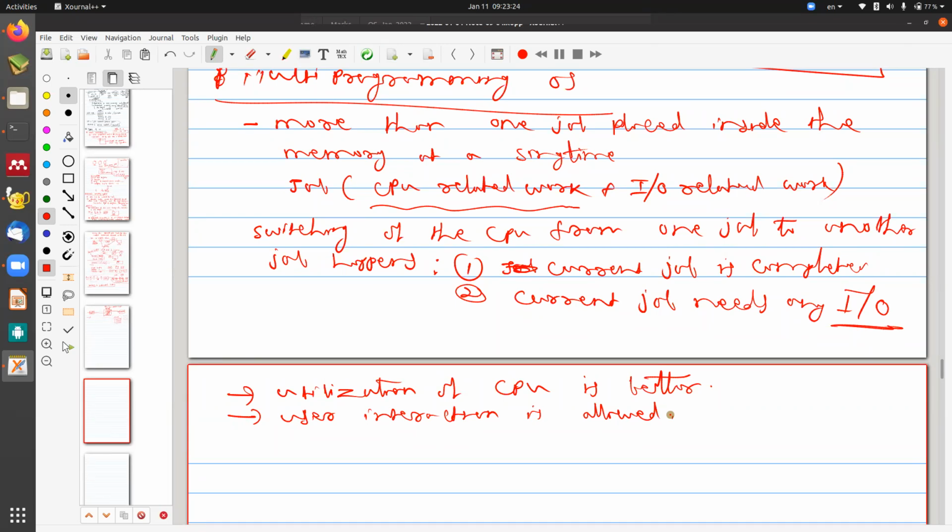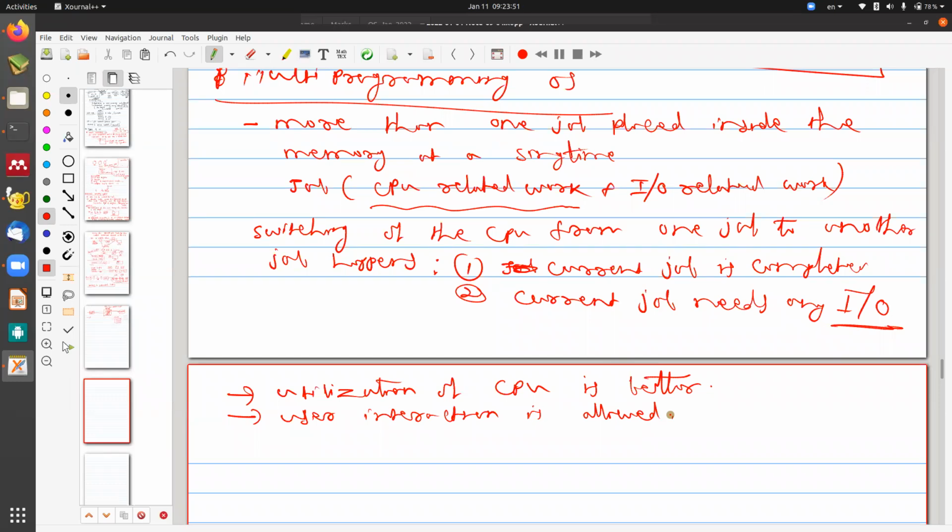That is always there, in any kind of operating system, even a sophisticated one. If n processes are present and one process is executing, then among the n minus 1 processes, one has to be selected based on certain criteria. That cannot be avoided in any scenario.